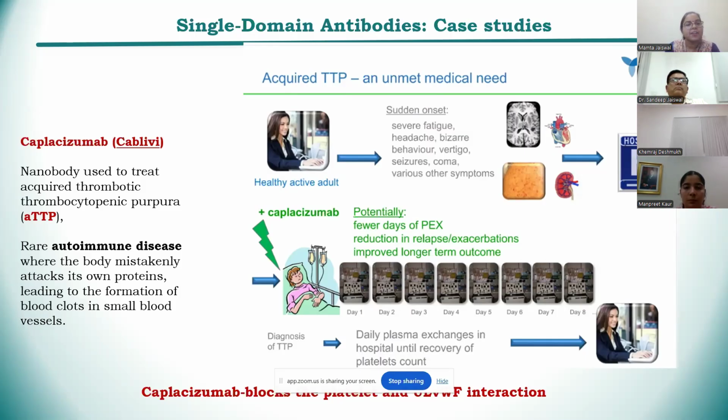So our immune system responds to our protein itself, and with that blood clotting starts happening in small blood vessels, which is very dangerous. So they have done various studies, and I think they are now in clinical phase 2 trial.